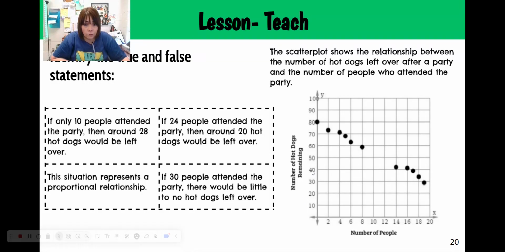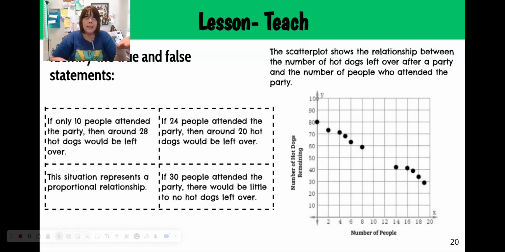So this number 40 means that there would be 40 hot dogs left over after the party. Now, if I'm looking at the different data points, like for example, this dot, it represents that if there were 8 people at the party, there are 60 hot dogs left over after the party.